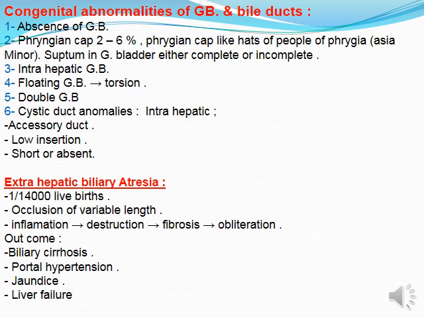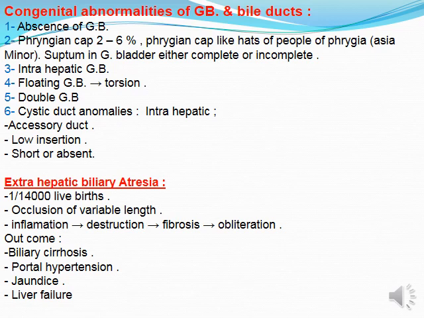Another anomaly is extrahepatic biliary atresia, which happens in 1 out of 14,000 live births.